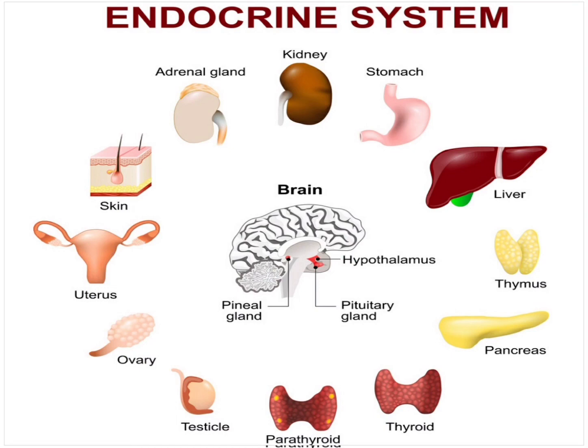Your kidneys, the stomach, the liver, the thymus, the pancreas, the thyroid, the parathyroid, the testicles, the ovary, the uterus, the skin, the adrenal gland, all these different parts of the body have the endocrine system which releases these chemicals or hormones which are required for the growth of the human body.